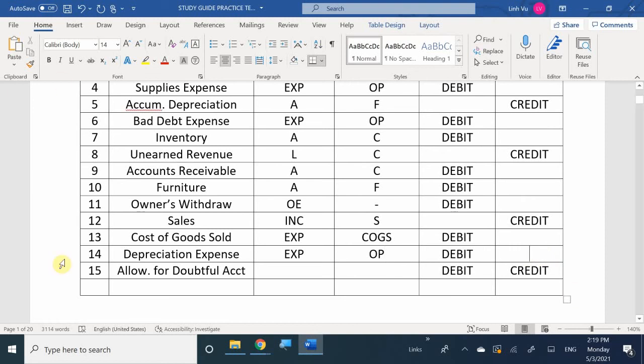Last but not least, the allowance for doubtful accounts. What kind of account is this one? Would it be expense as well? In this case, no, not for the allowance for doubtful accounts. Liability?